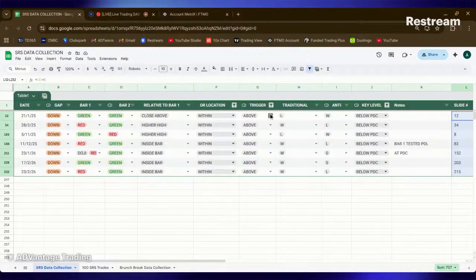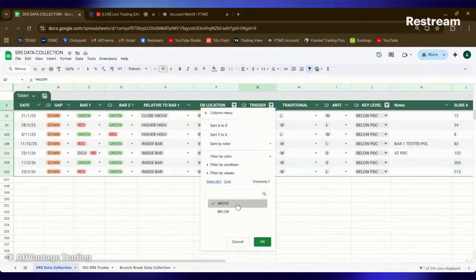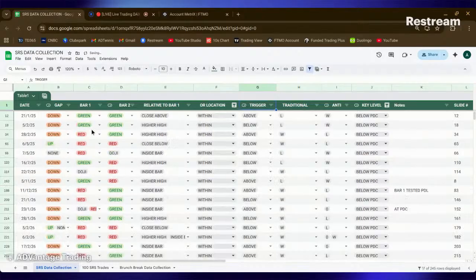Okay, so here's the Excel sheet. Now, what we've got, hopefully you can see this, I've filtered overnight range location within the overnight range. So we're only seeing days where we were within the overnight range.